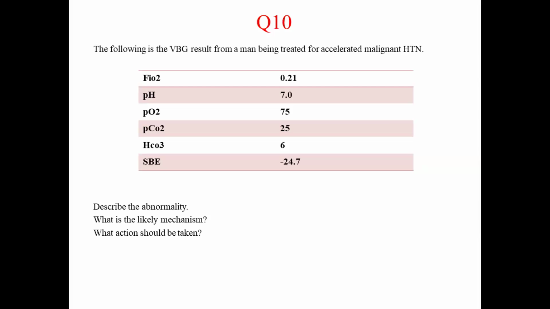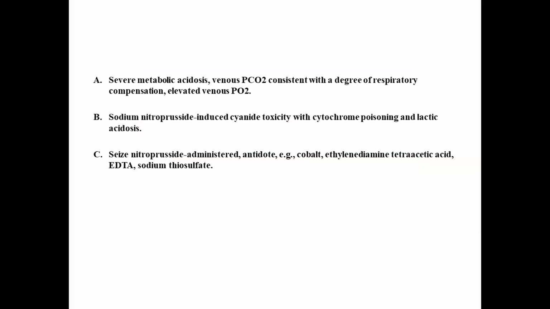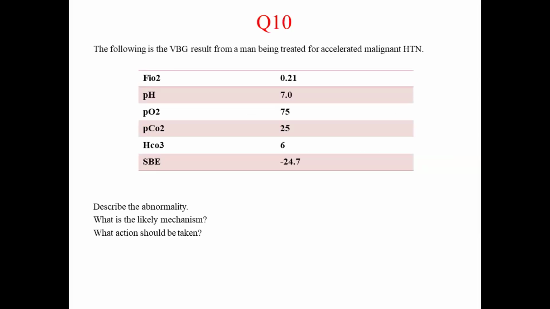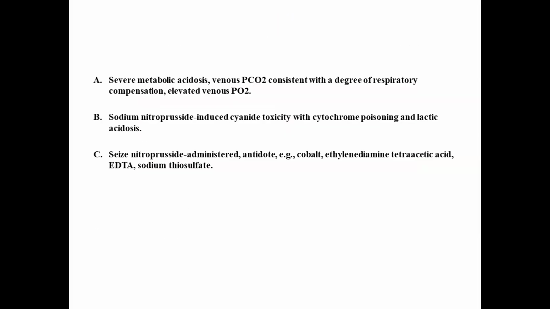I want the answer. Who will answer? Why is the metabolic acidosis so bad? Okay, so this patient has been treated for accelerated malignant hypertension. So it is secondary to the sodium nitroprusside which you have given to treat the accelerated hypertension. Yes, Anshul has answered.